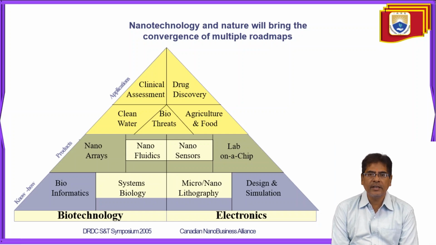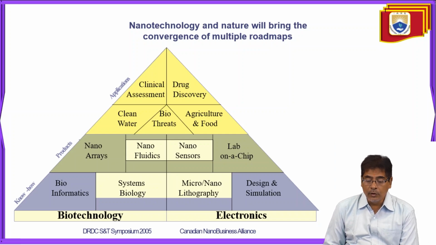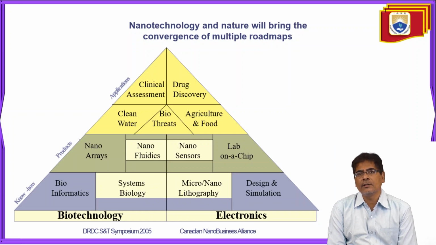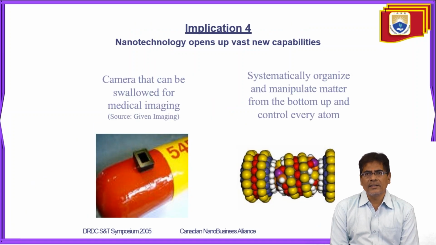In electronics, we have design and simulation, micro and nano lithography, lab on chip, nanosensors, nanofluidics, and we have agriculture and food. These nanofluidics and nanosensors are nothing but biothreats. These biothreats apply to clean water, clinical assessment and drug delivery. So that is how nanoscience, this technology and nature will bring the convergence of multiple roadmaps.